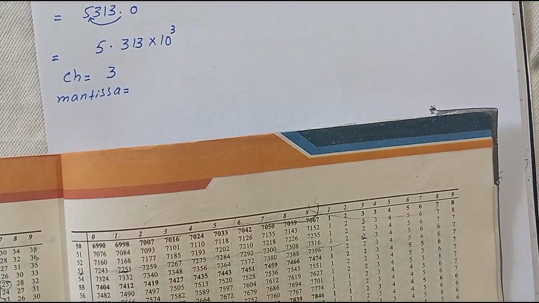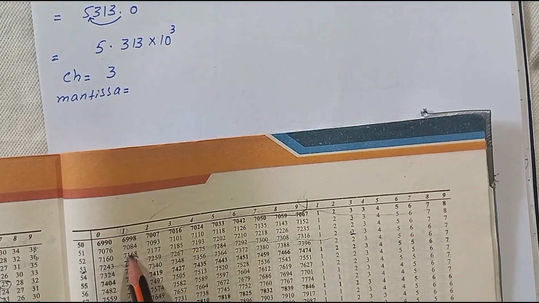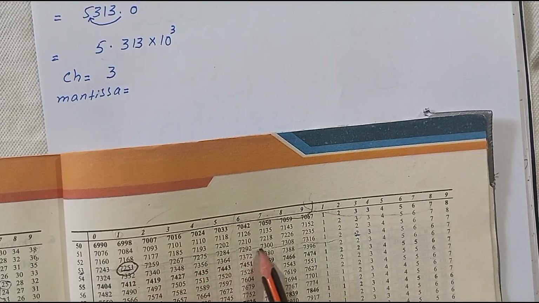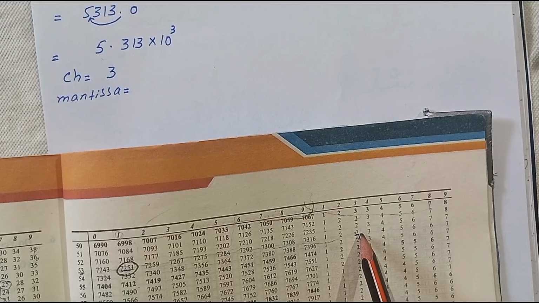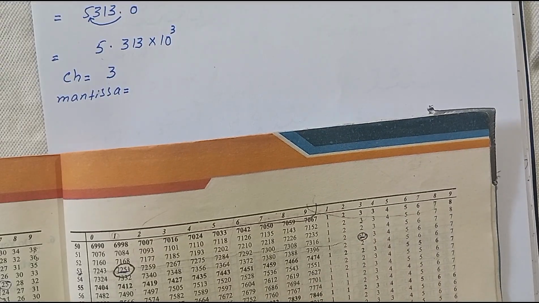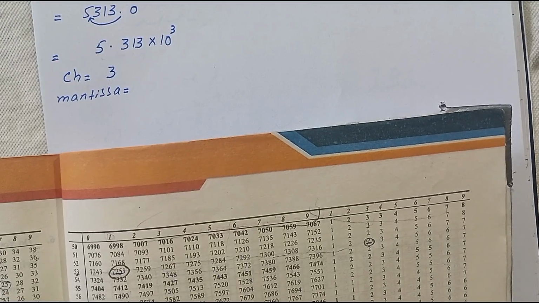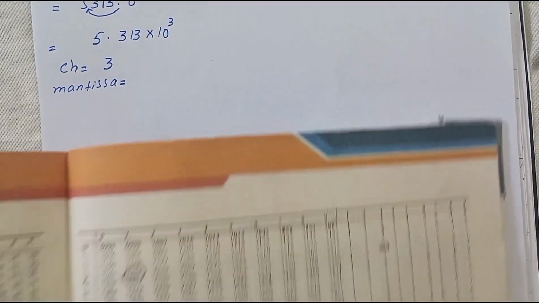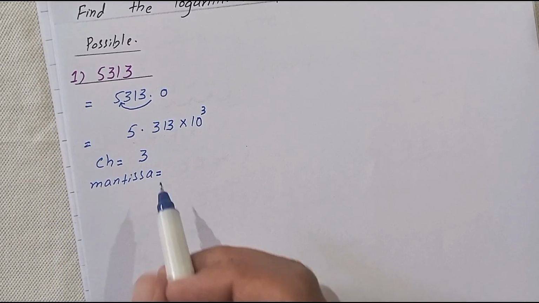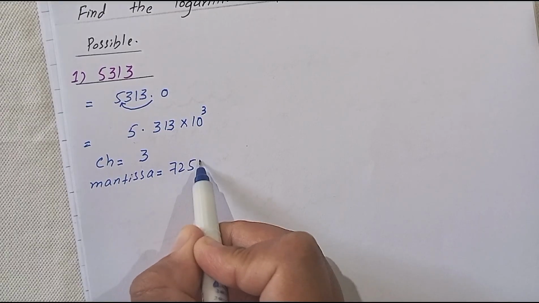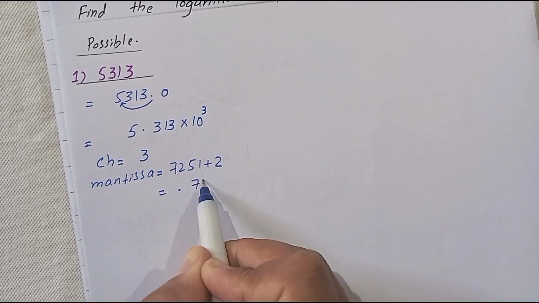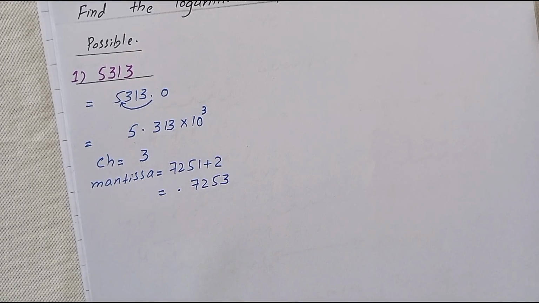As we can see in the log table, the value of 53 in column 1 is 7251, and now moving across we find the value in the third column, that is 2. So adding these two values we get the mantissa, that is 7251 plus 2, which equals 7253.